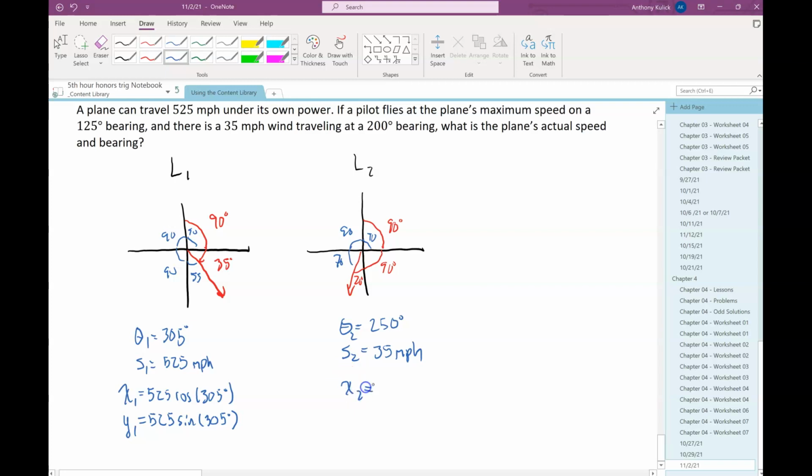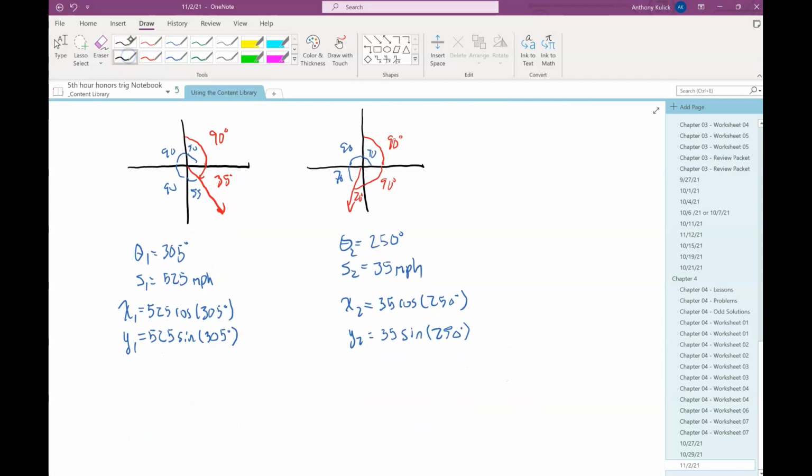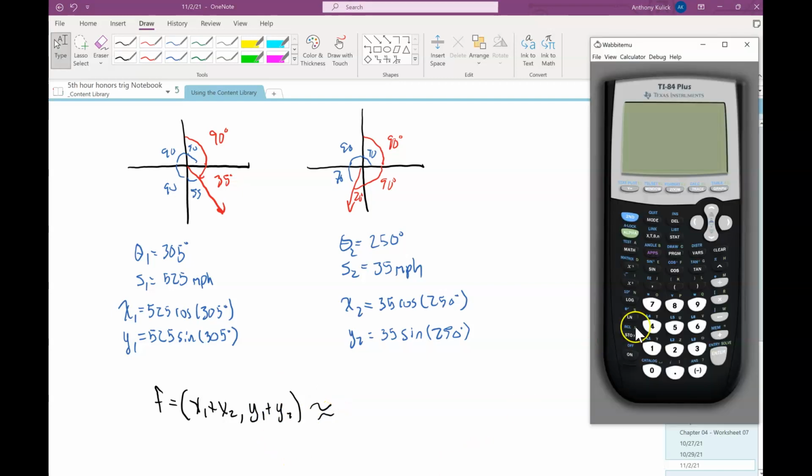So my x2 is going to be 35 cosine 250, and my y2 is going to be 35 sine 250. And then my final is just going to be x1 plus x2, y1 plus y2. And it's calculator time for that.